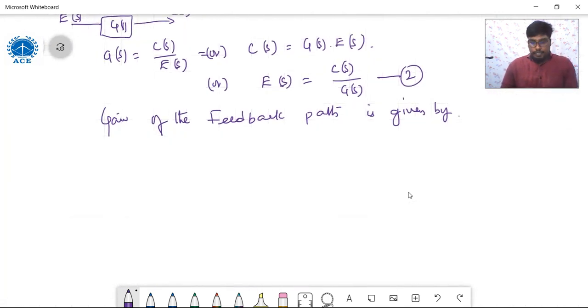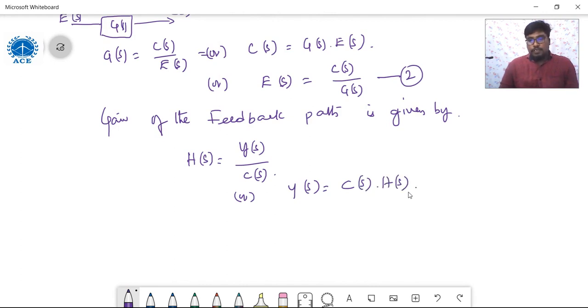Now, the transfer function H(s) is equal to Y(s), the output, and C(s), the input. I can write this as Y(s) is equal to C(s) into H(s). Consider this as equation 3.